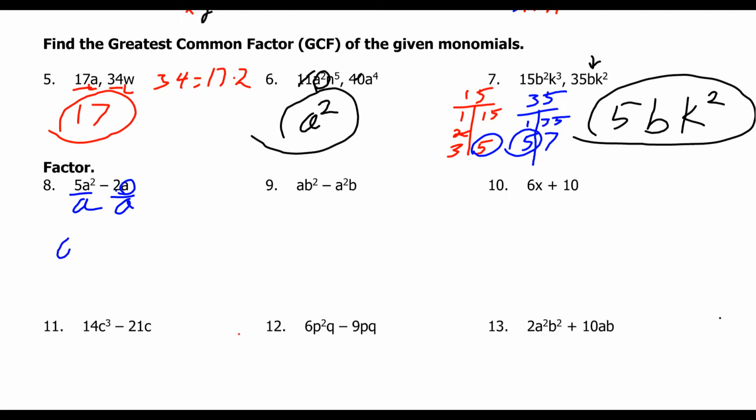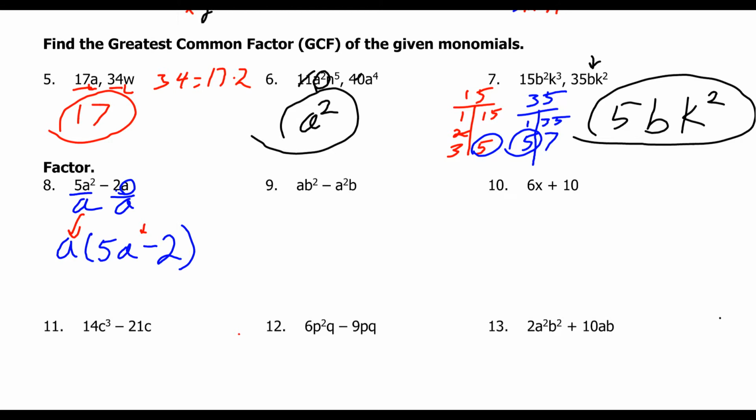So we're going to put what we're dividing by on the outside. Okay, 5a squared divided by a is going to be 5a. And then 2a divided by a is going to be minus 2. All right? So we put what we divided by right here. And then what comes out is right here. Okay?